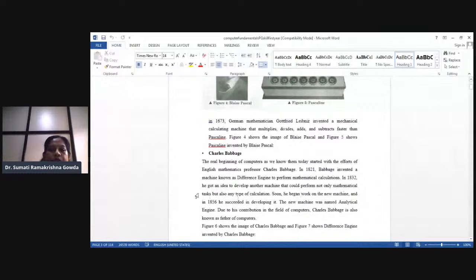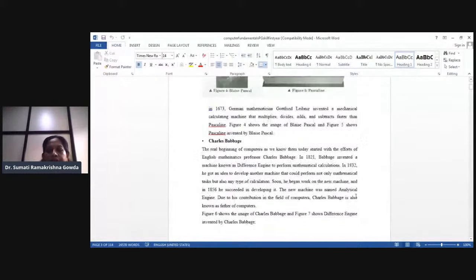In 1832, he got an idea to develop another machine that could perform not only mathematical tasks but also any type of calculations. Soon he began working on the new machine, and in 1856 he succeeded in developing it. The new machine was named the Analytical Engine.